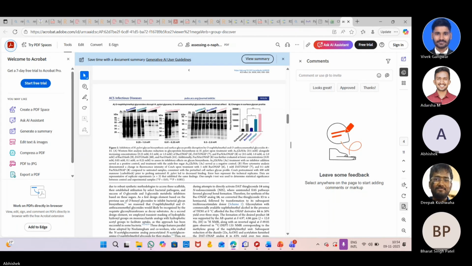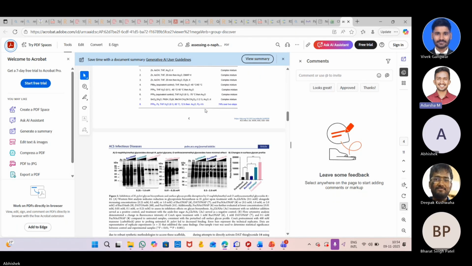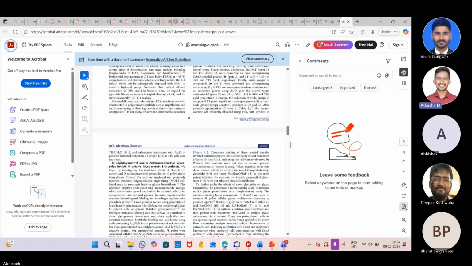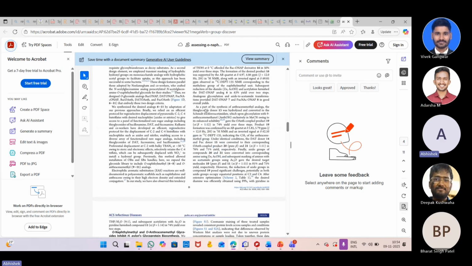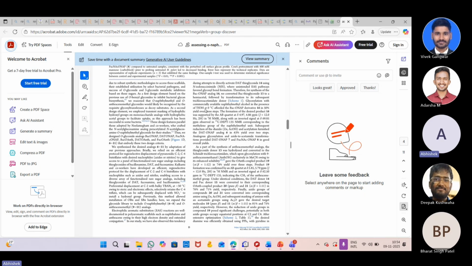Okay, you could have shown that one also, like the bacterial inhibition studies are there, na? Since you are telling that you couldn't understand much of it, that's fine. Okay, thank you.